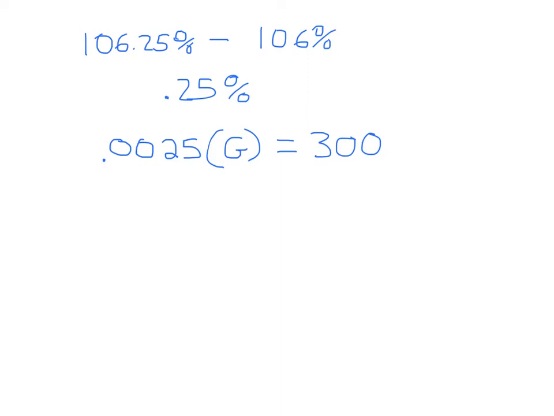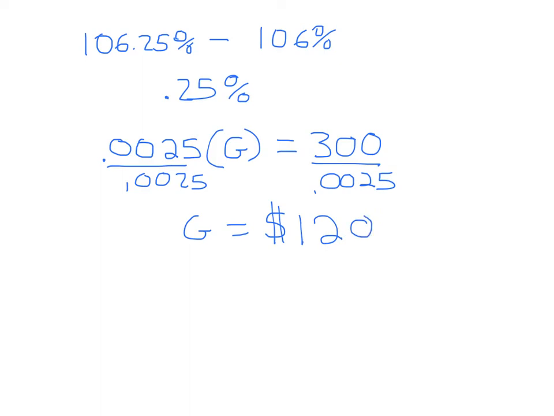So divide by 0.0025. And what we find is that for the difference of our final amount to be 300, the original price is going to have to be $120,000.